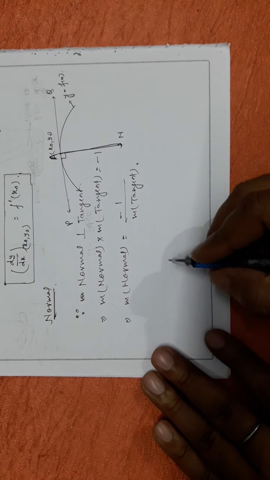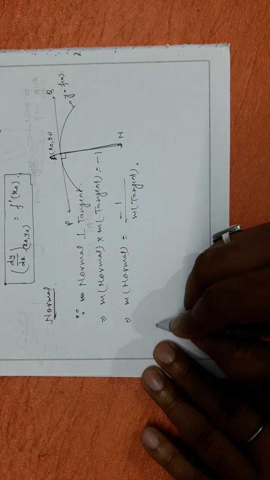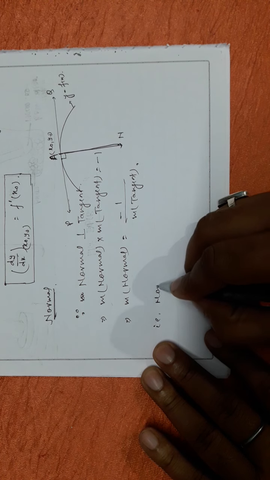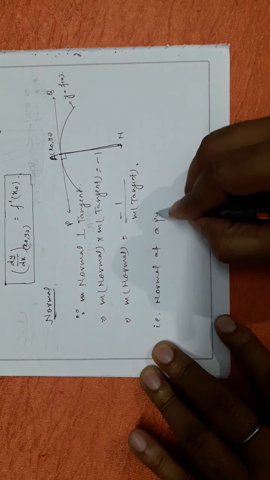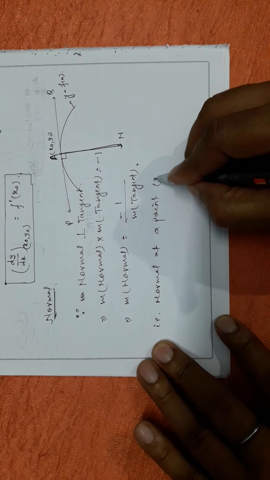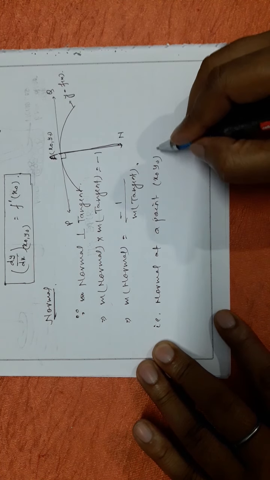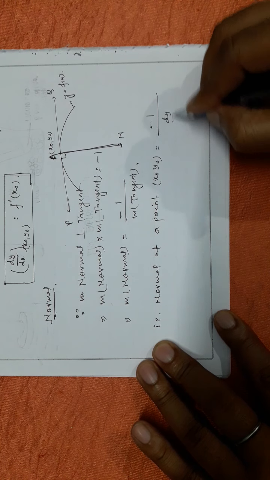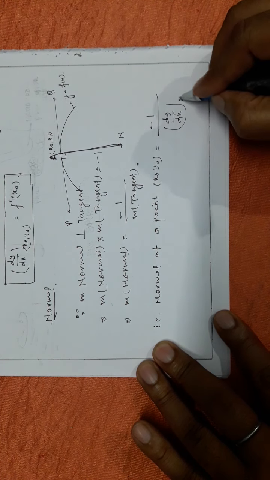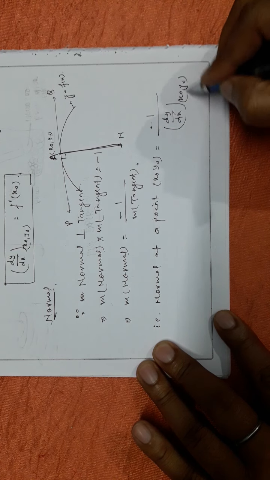So normal at a point (x0, y0) is given by -1 by dy/dx at (x0, y0).